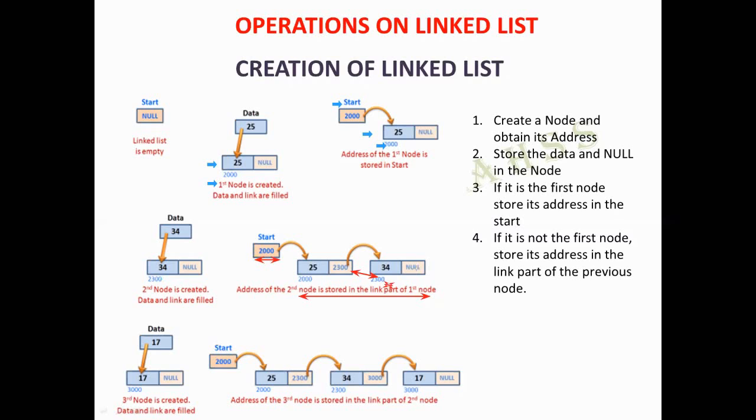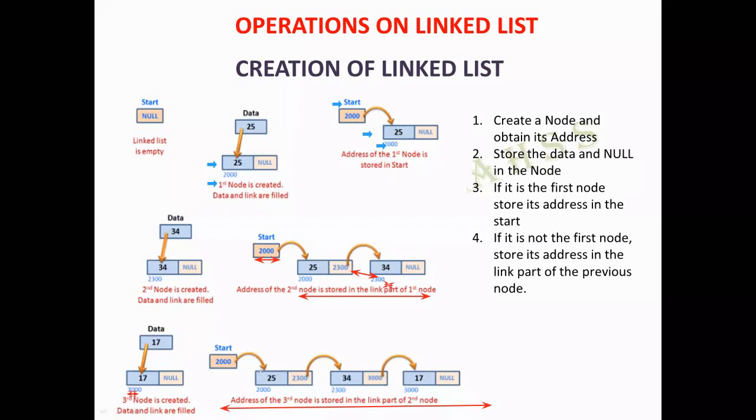Next, a new node. See, next you are going to create a third node, whose memory is at the location 3000, and you have given the data as 17. Now can you see the link of all three nodes?